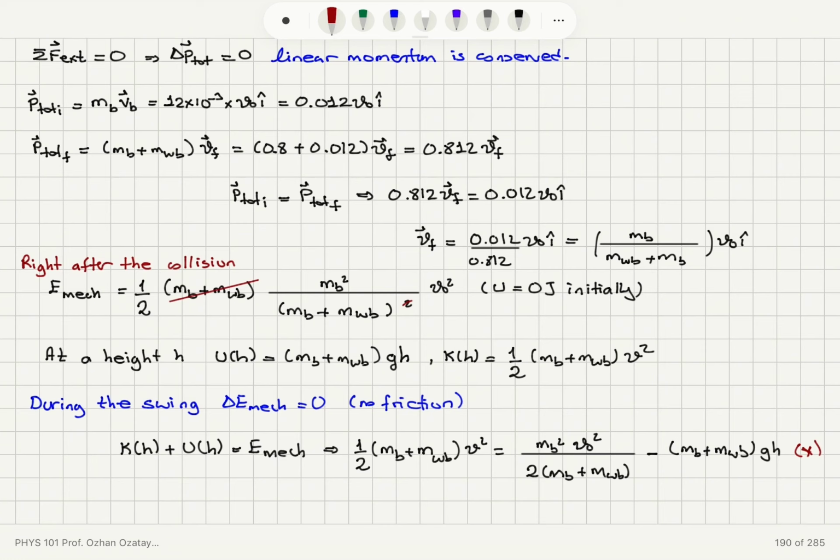All right. So what I want to concentrate on at this point is the free body diagram of the combined object at a height of 0.8 meters.